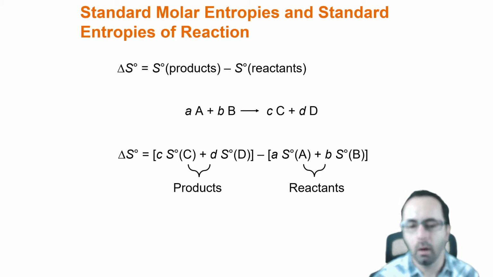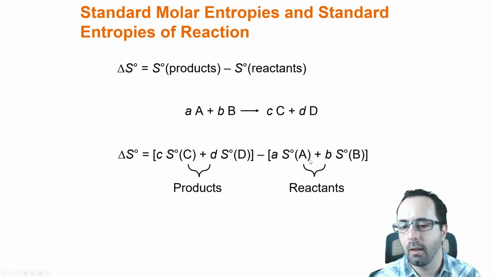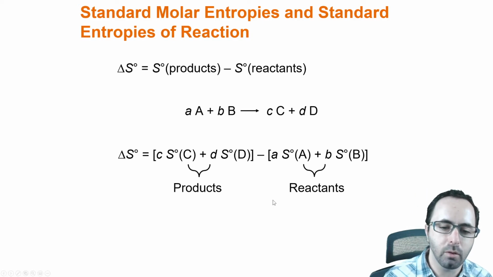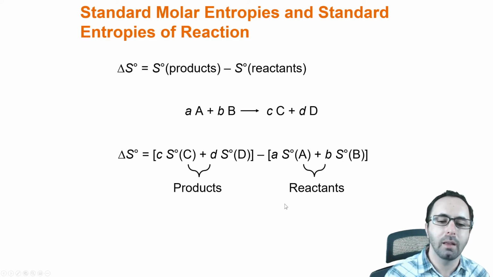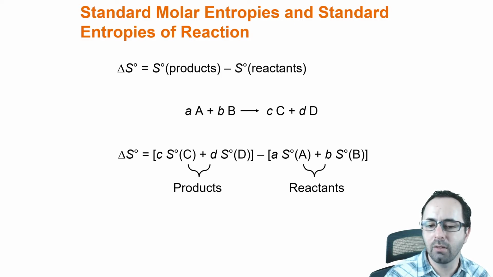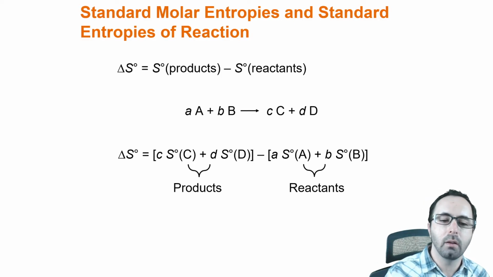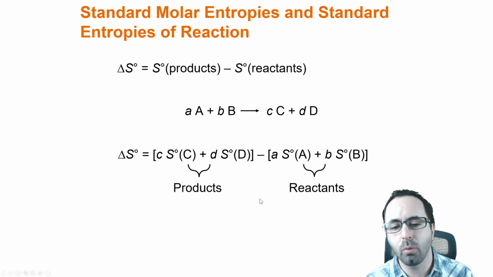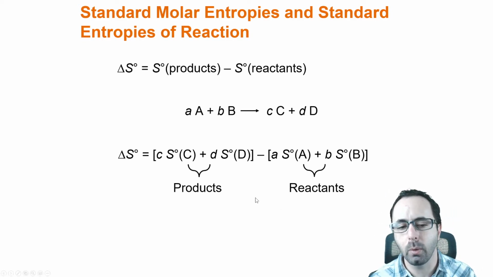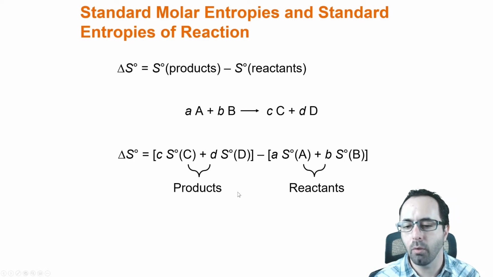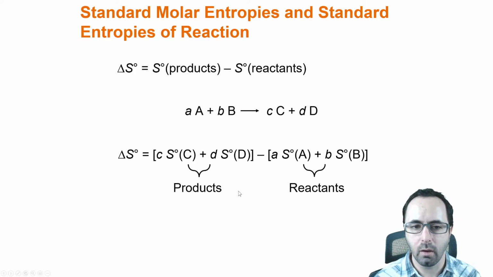It's the sum of the standard entropy values for the products, multiplied by their coefficients in the balanced equation, minus the entropy values for the reactants multiplied by their coefficients in the balanced equation. So this is the same equation back in Chem 150 that you had for delta H's that you'd use the appendix for. Same equation here for S standards. That's why we have tables of standard entropies, so we can find the change in entropy for whatever reaction we might be interested in.